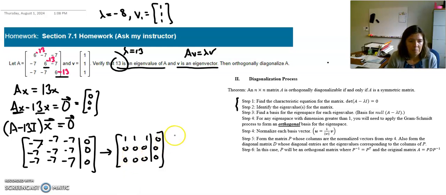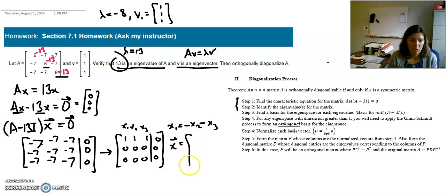Okay, and that means that in your entries for x, if we think of x as x1, x2, x3, then x1, when you move these over, is equal to negative x2 minus x3. x2 and x3 are your free variables.